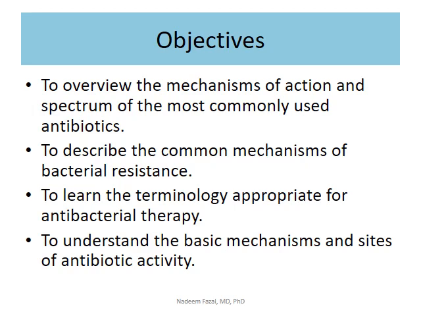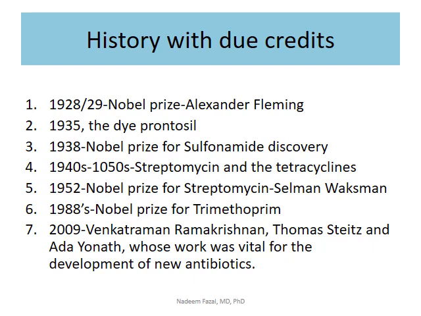Now, I don't want to spend much time on history, but you can see that it started from 1928 when one of the lab people made a mistake in Professor Fleming's lab in England. He failed to wash off or clean up the petri dishes, and when he came back, he found that there was fungus growing over there.